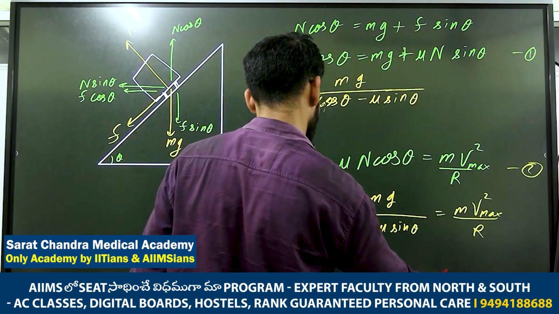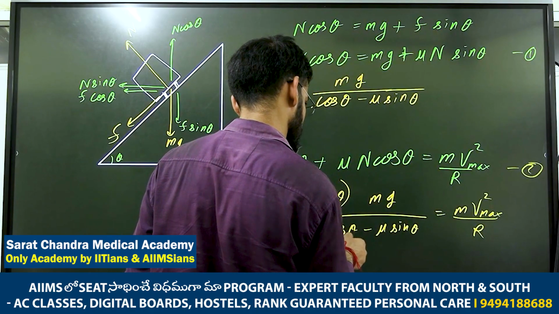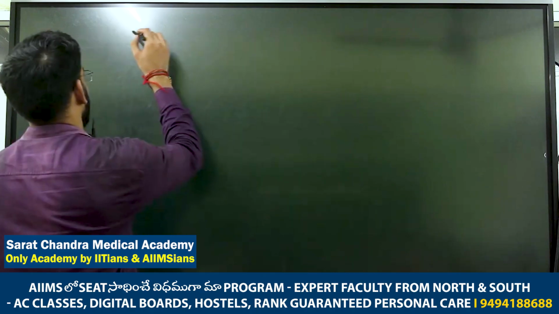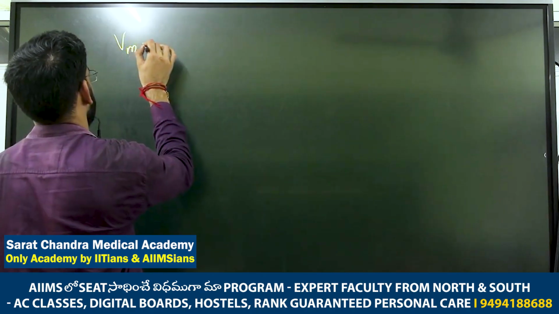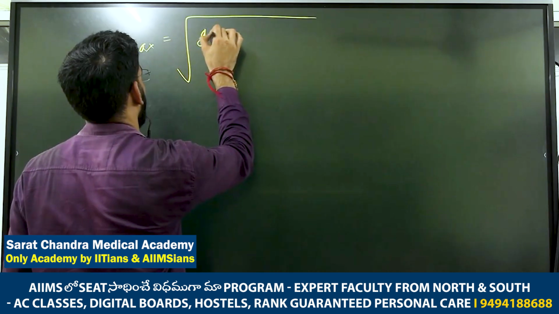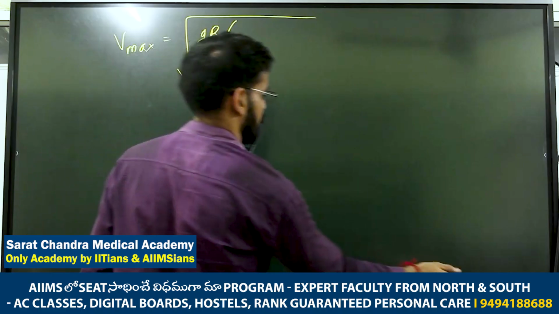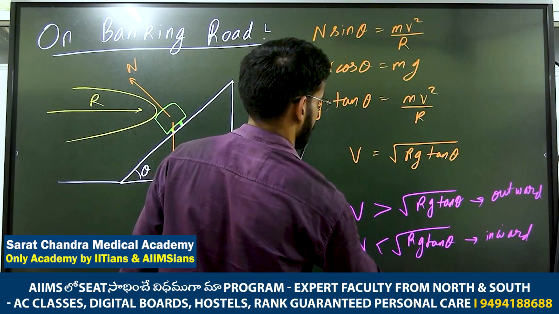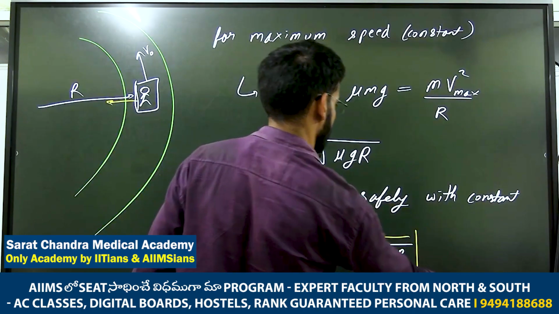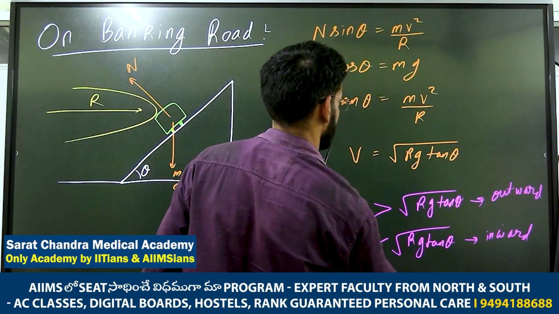Why is mu cos theta there in the numerator? M cancels out. V max will come how much? Under root gR, and then you will have this mu gR, like that there will be. Okay, so Rg tan theta.